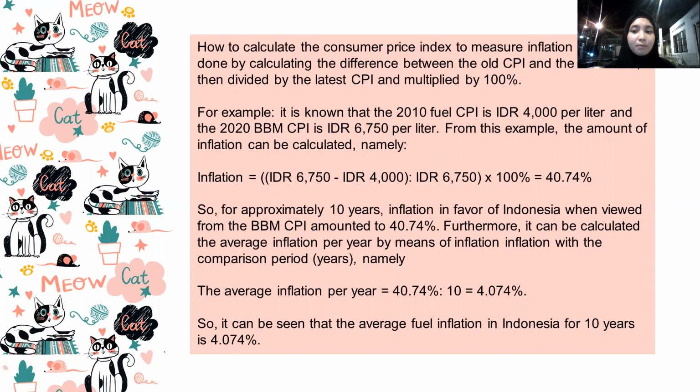40.74%. Furthermore, it can be calculated the average inflation per year by dividing the inflation by the number of years. Namely, the average inflation per year is 40.74% divided by 10, and finally we get 4.074%.